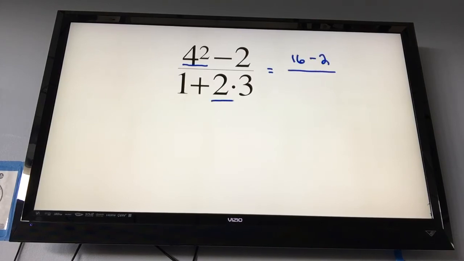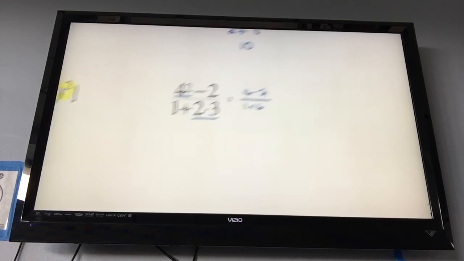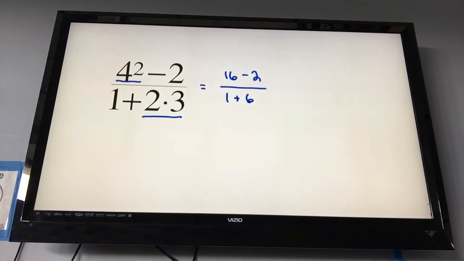In the bottom, multiplication comes before addition, 2 times 3. Then we'll do the subtraction on the top, 14. We'll do the addition on the bottom, 7. And then we can finally do the division. 14 divided by 7 is 2.